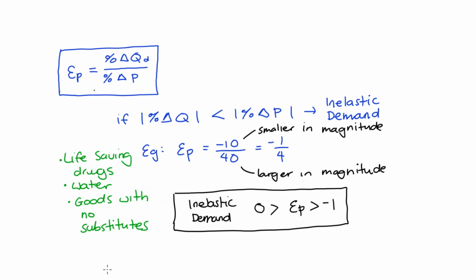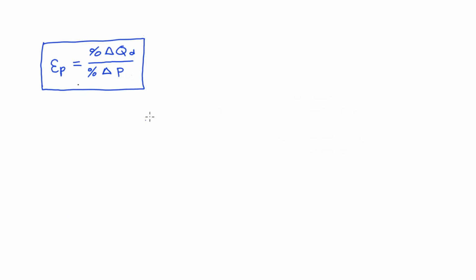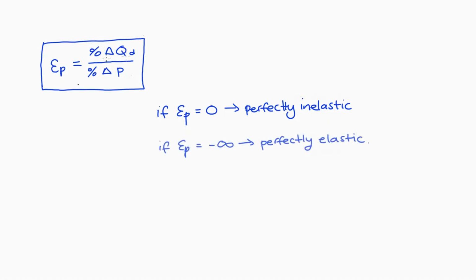Now, apart from these three cases, there are two limiting cases. If our elasticity takes on the value of 0, this is what we call perfectly inelastic demand. Basically, the price changes and there is no change to demand as a result of that price change. The second limiting case is if elasticity is -infinity, and we describe this as perfectly elastic demand.